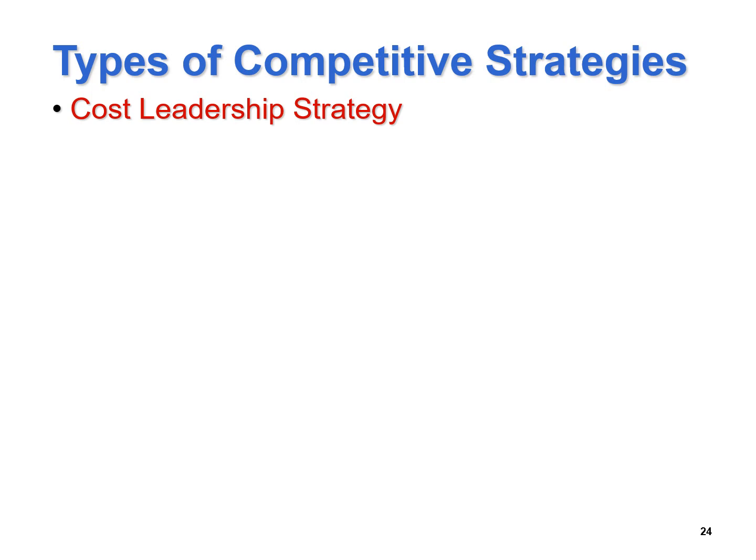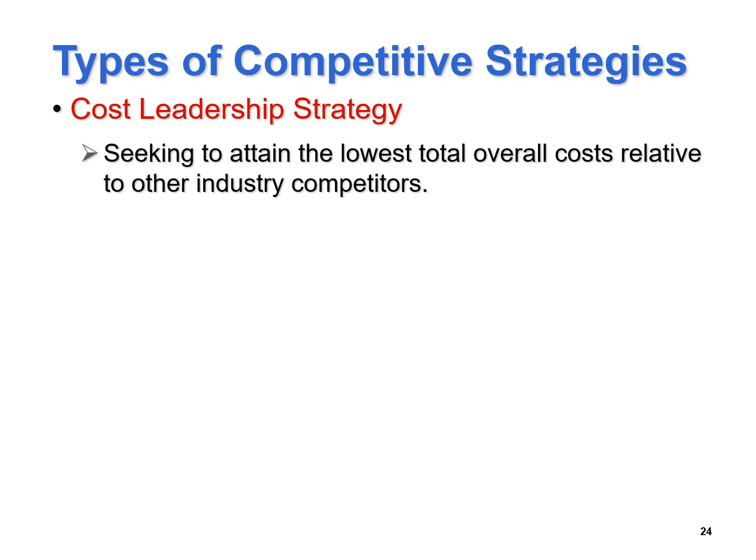The first one is cost leadership, seeking to attain the lowest total overall cost relative to other industry competitors. You know, China has won the competition war through cost leadership, through the lowest labor cost.